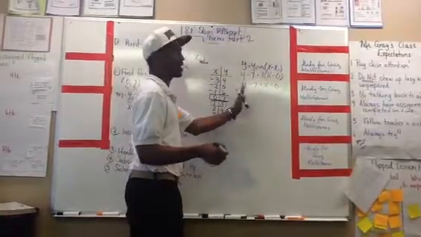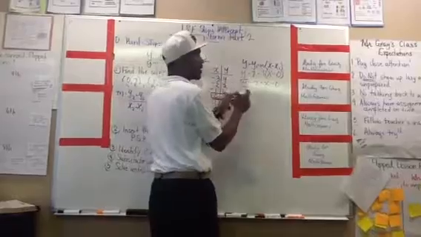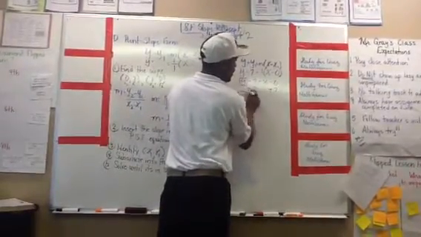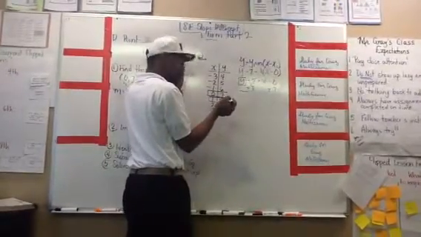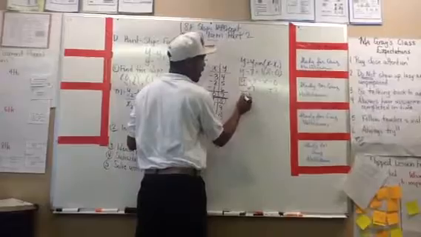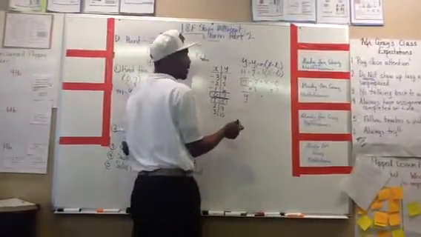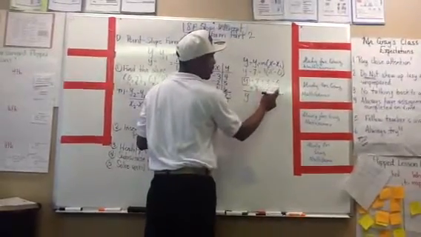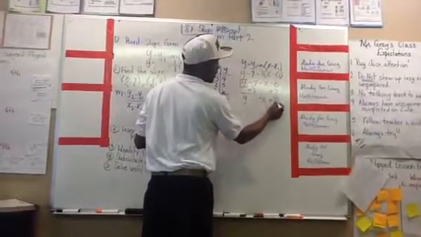I need Y by itself, so I'm going to box it. I need it over here by itself, so I need to move the 7. If I add the 7, using the inverse, they cancel out. The Y comes down and it's on the left side by itself like you want it to be. And you're left with X, and 0 plus 7 is just a positive 7.